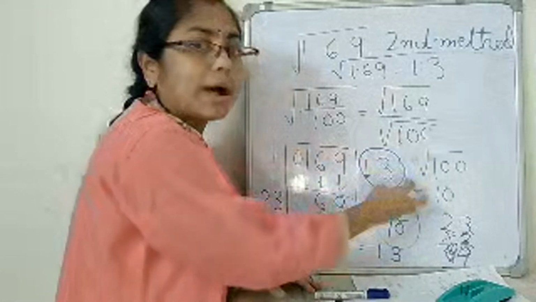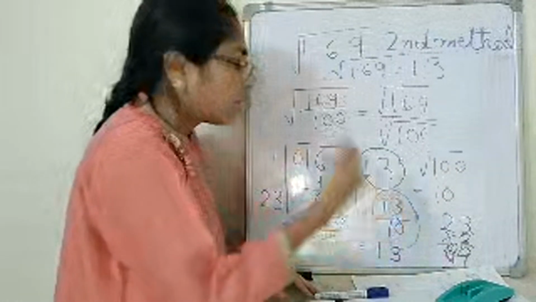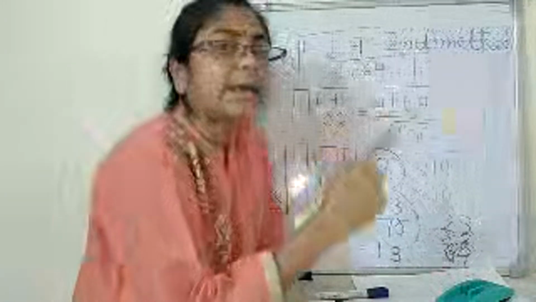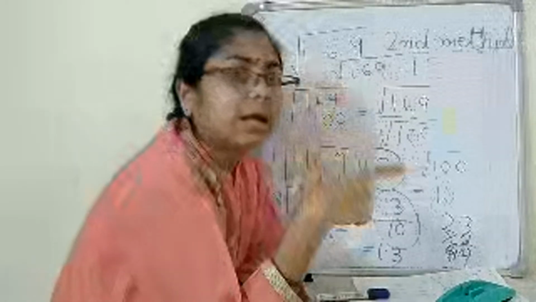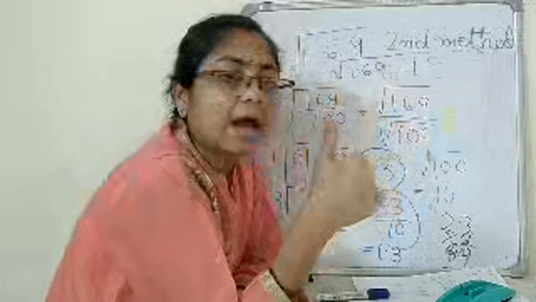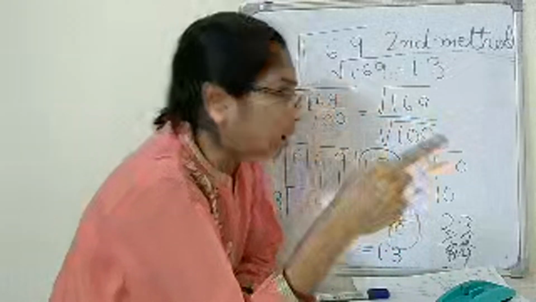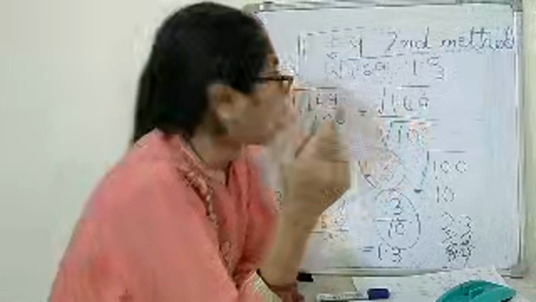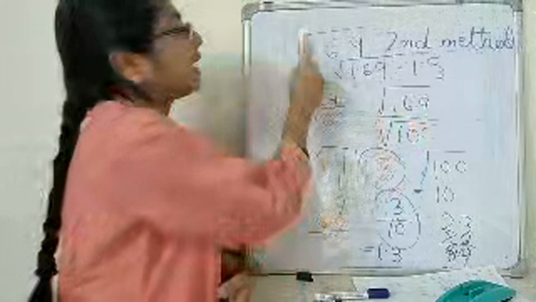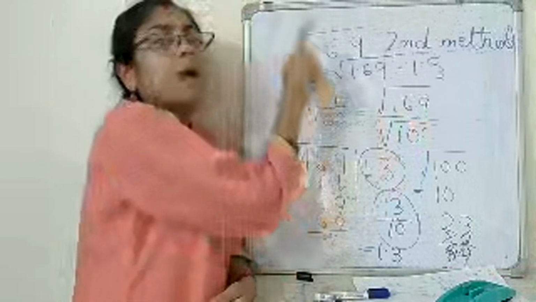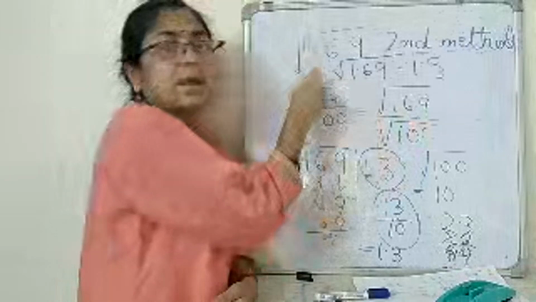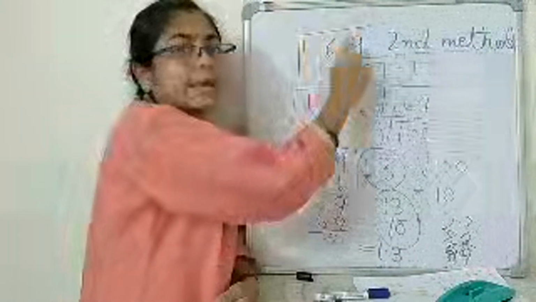Here you focus. Please focus on this point. Why? Because if any kid writes 13 by 10, according to math it is right, but technically it is wrong. Why is it technically wrong? Because we started with the decimal square root. I start the math from the decimal way, 1.69.